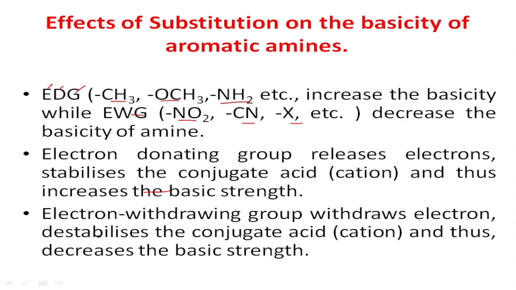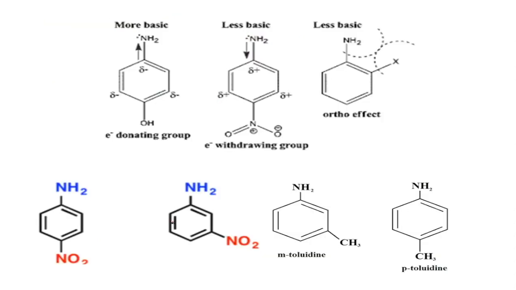However, an electron withdrawing group withdraws electrons, destabilizes the conjugate acid and thus decreases the basic strength.